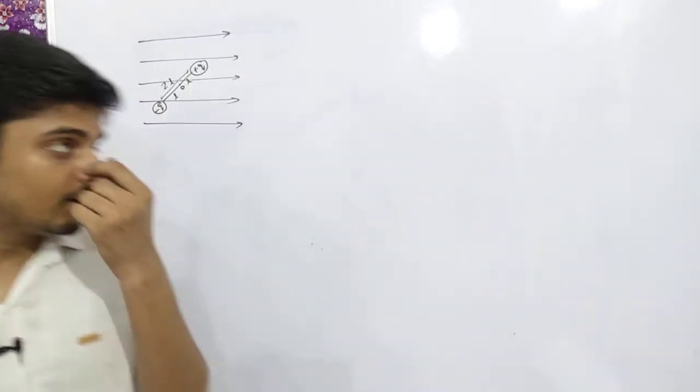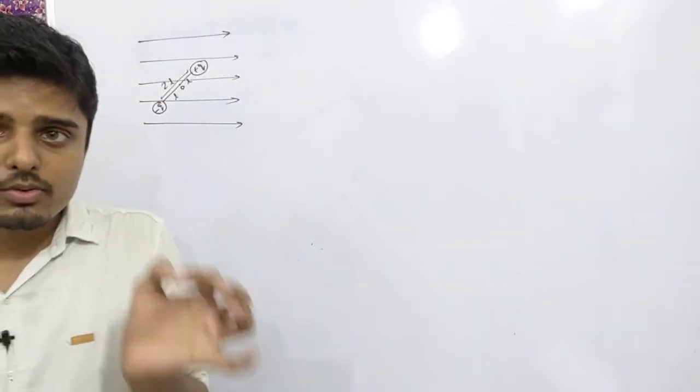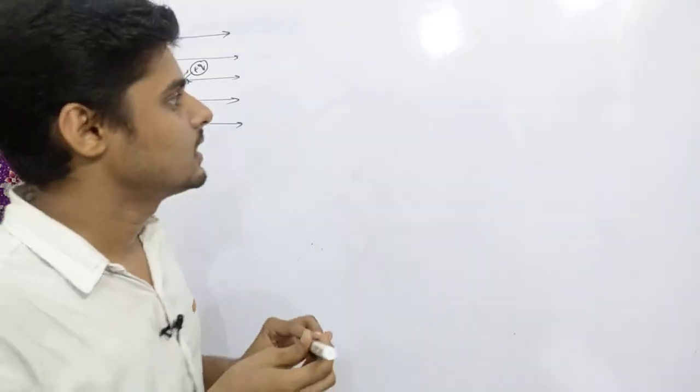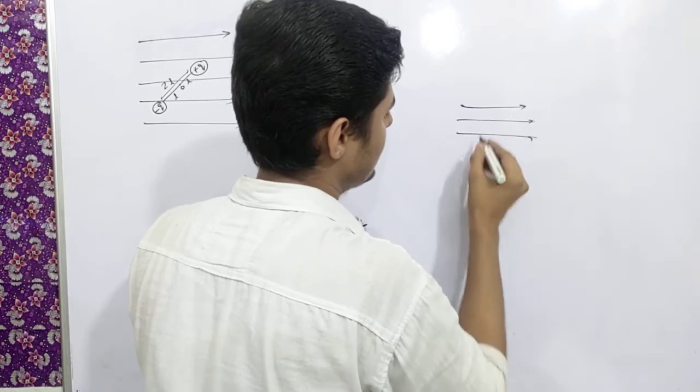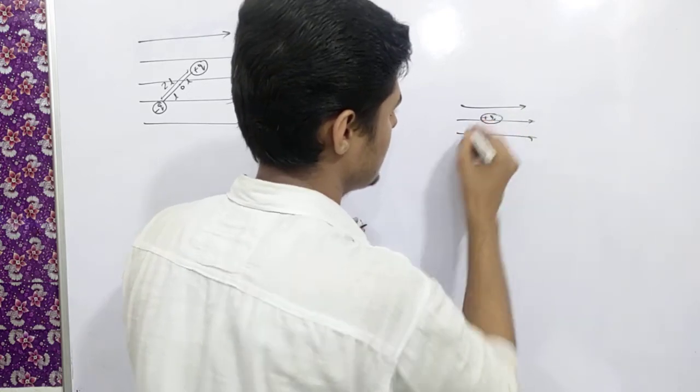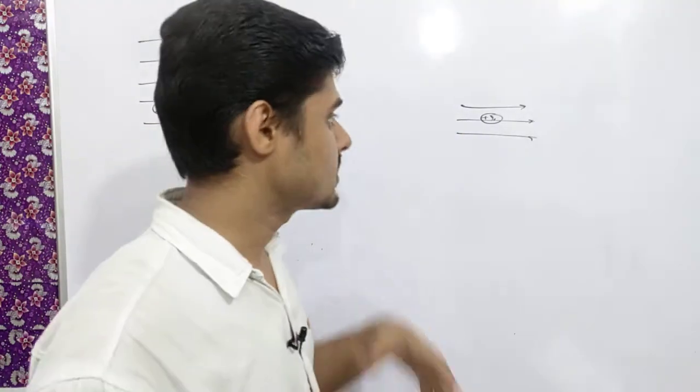As we know, if any charge is placed in a uniform electric field, then it experiences a force, and that force is equal to QE. Suppose this is the uniform electric field, and a plus q charge is placed in it. Then what happens? It experiences a force. And what is the value of that force?